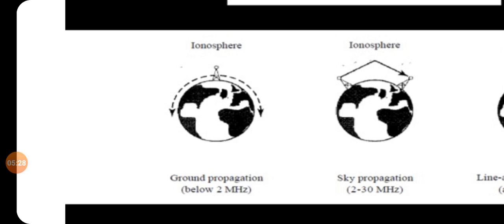Clear? And there they have shown one antenna. That antenna can transmit waves through the ground, means through the earth walls, but in parallel manner. Always the ground wave propagation propagates waves in parallel with earth surface.